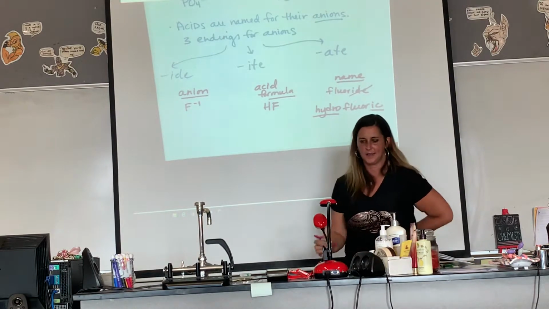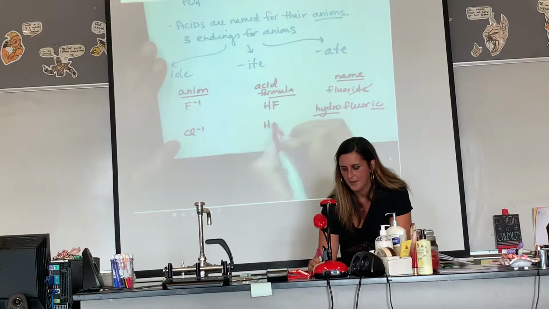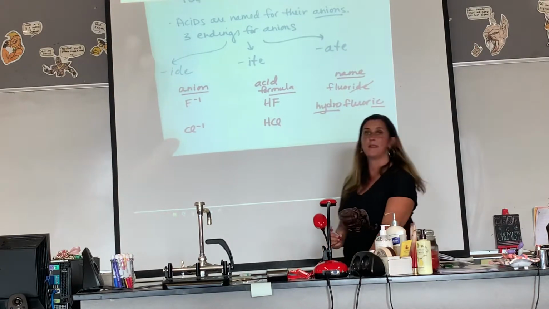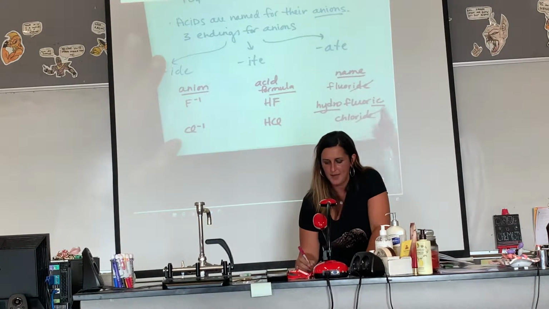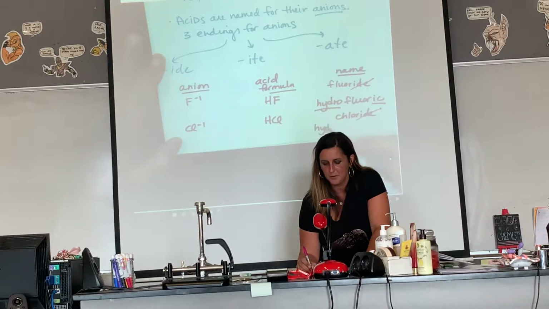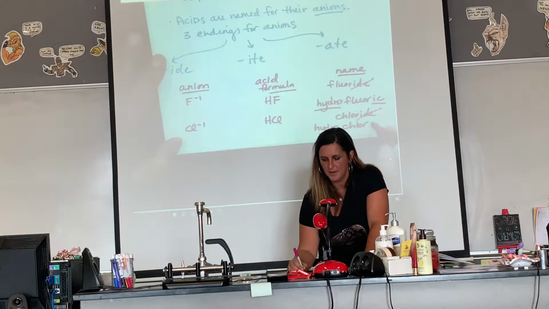If we did, for example, chloride, the acid formula would be HCl. We look at the name of the anion, which is chloride, drop the ide, add hydro, then the base part of the word, and ic, and then acid.